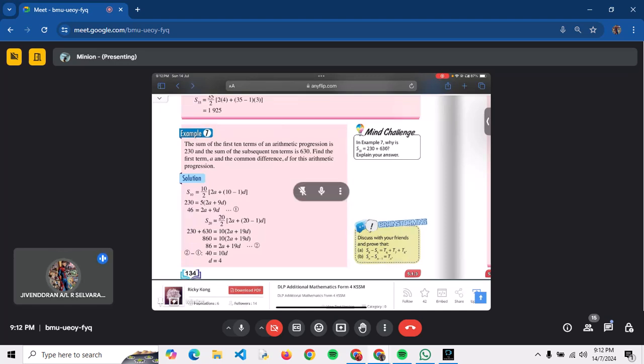Then we do the same thing. Sorry, the subsequent 10 terms is 630. That means the first 10 terms is 230, then the next 10 terms after the first 10 terms is 630, the sum.